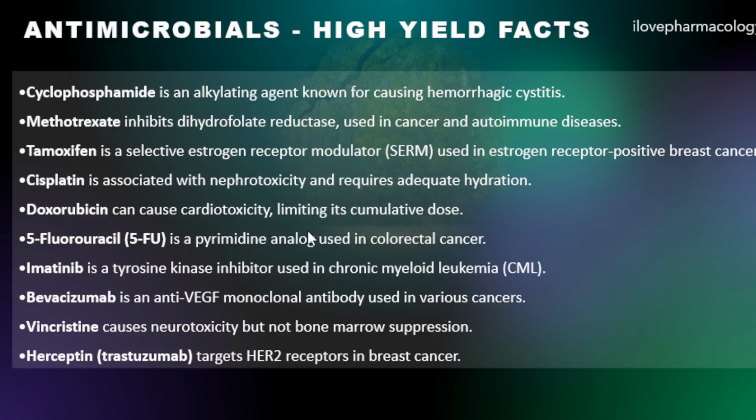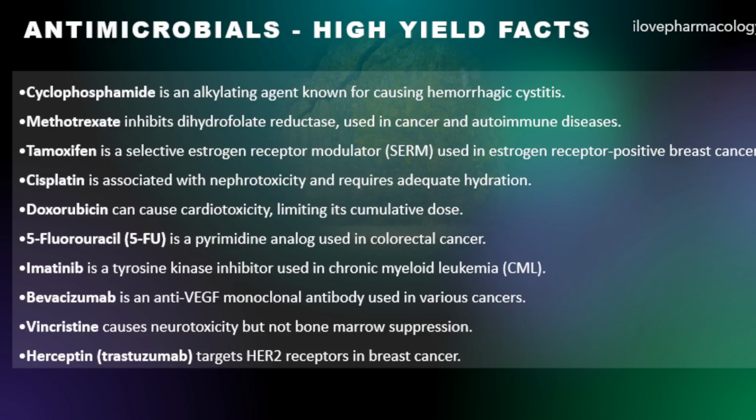So when we talk about cancer chemotherapy, we have drugs like cyclophosphamide, which is an alkylating agent, and they are known for causing hemorrhagic cystitis. Methotrexate, which inhibits the dihydrofolate reductase, is used in cancer and autoimmune disorders.